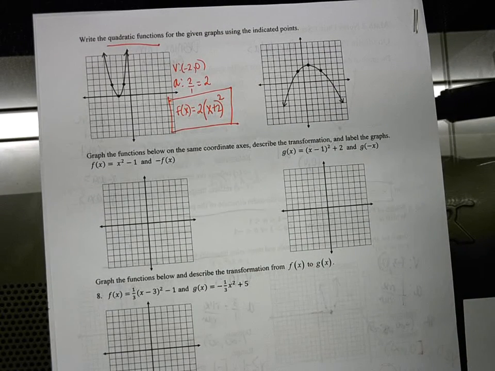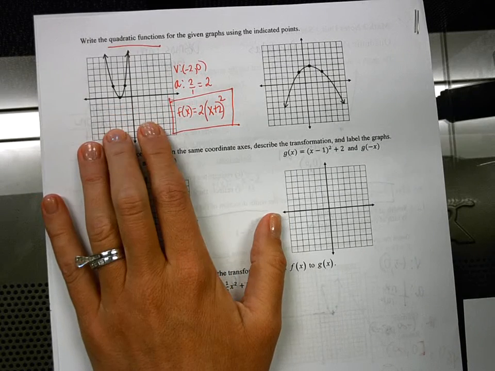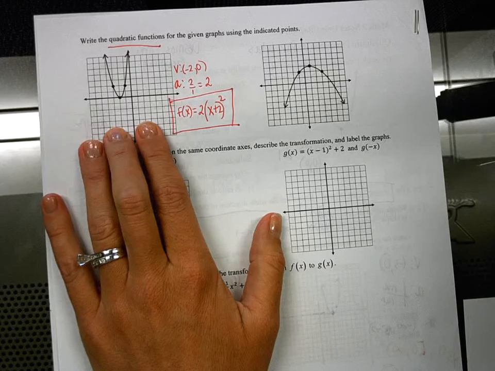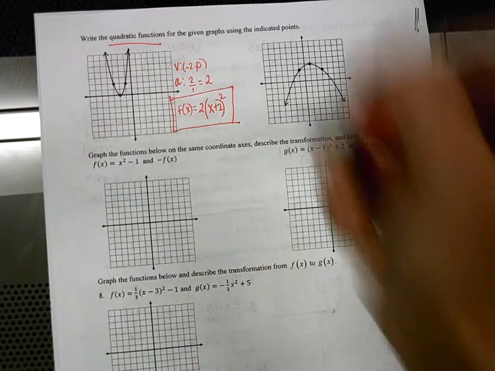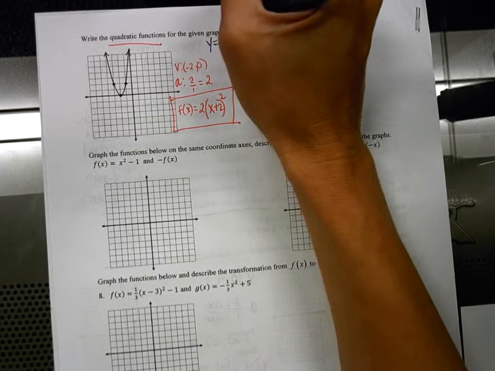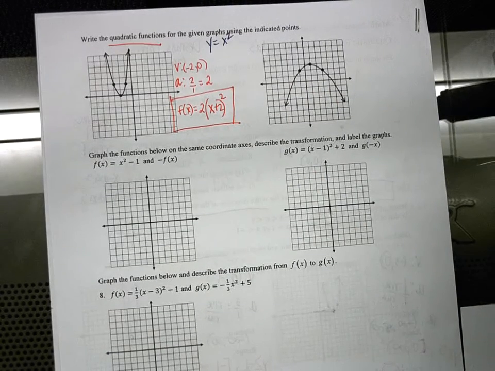Before you try it, do you guys have questions about this one or anything you're not sure about, how I got certain numbers? Yes. So quadratic functions are always written as y equals x squared. So if you have a parenthesis, you're always going to square it. If you have a 0 value for your x, then you'll just have x squared.